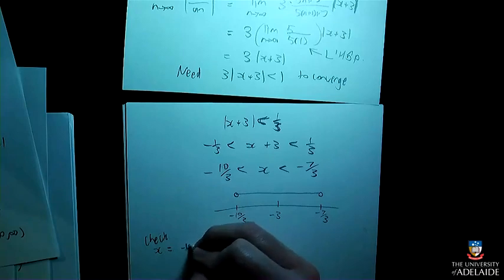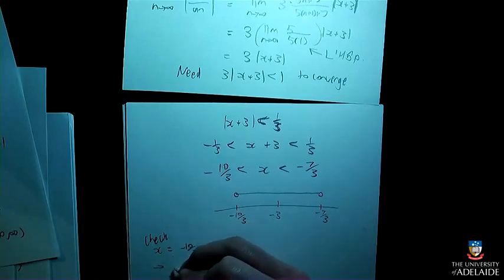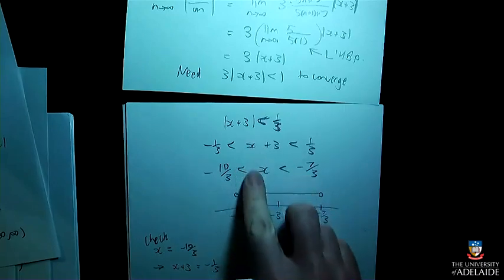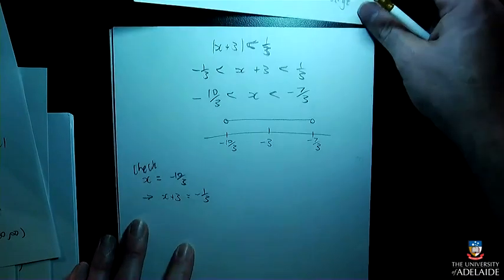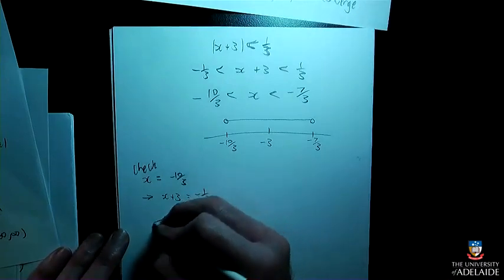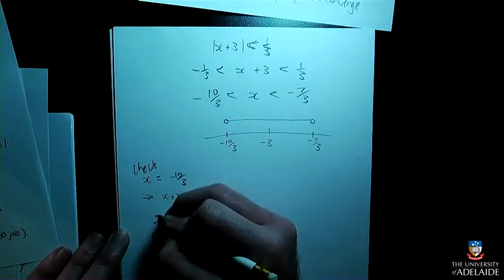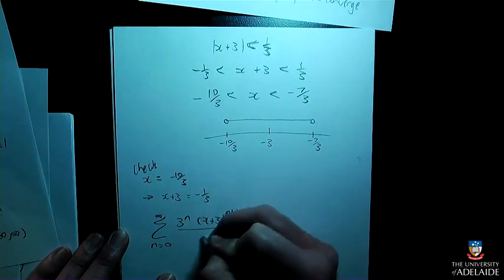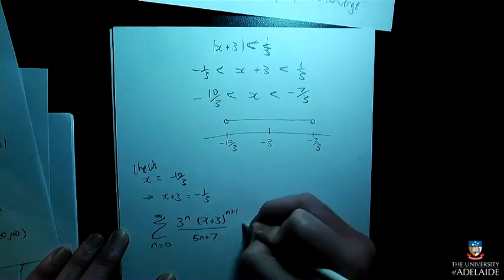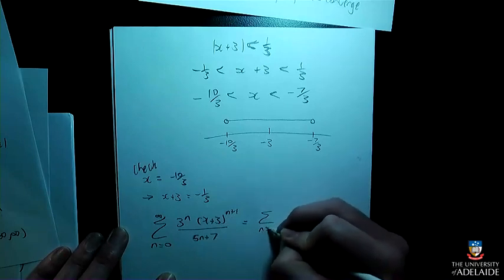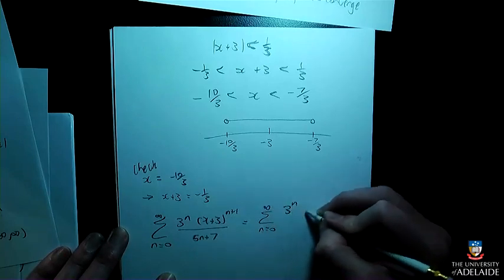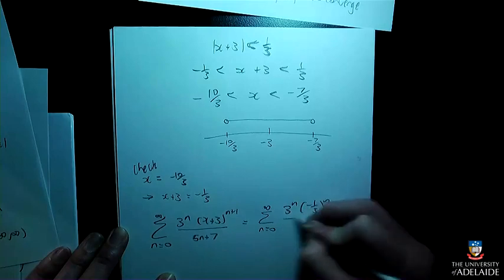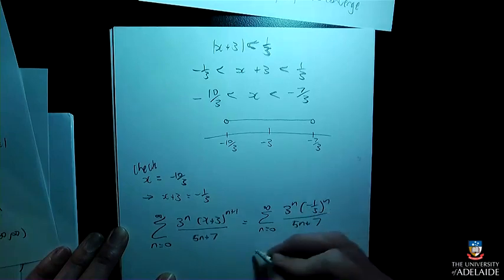X equals minus 10 on 3, which would mean that the x plus 3 is equal to minus a third based on this calculation here. And so when we go back to the original sum, I'm going to get 3 to the n, minus a third to the n, over 5n plus 7.